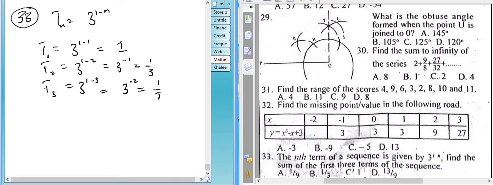So to find the sum of the first 3, that's T1 plus T2 plus T3, which is equal to 1 plus 1 over 3 plus 1 over 9.